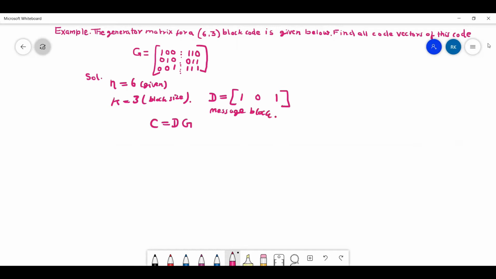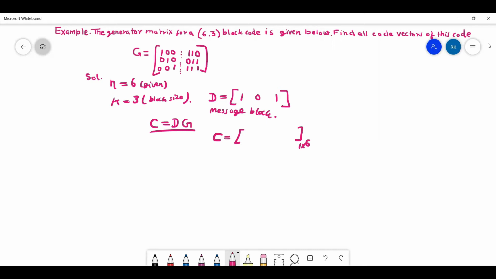So by using this formula c equal to dg, we are going to have c as a 1 cross 6 sized code vector.